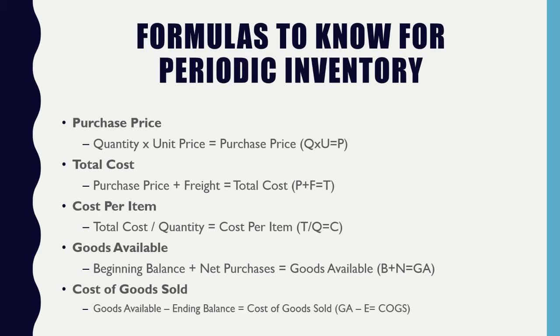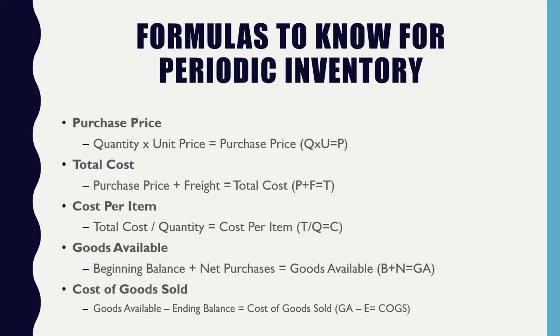Rule of thumb, to find your ending balance, someone needs to physically go down to the basement or warehouse and count how many items you have remaining in your inventory. That's a given number to you. Once you have the ending balance, it's pretty straightforward to solve for the cost of goods sold: you take your goods available and subtract your ending inventory to get your total cost of goods sold.